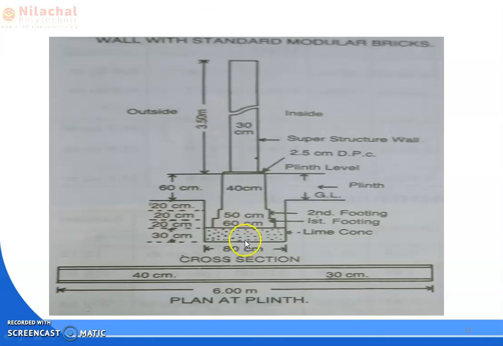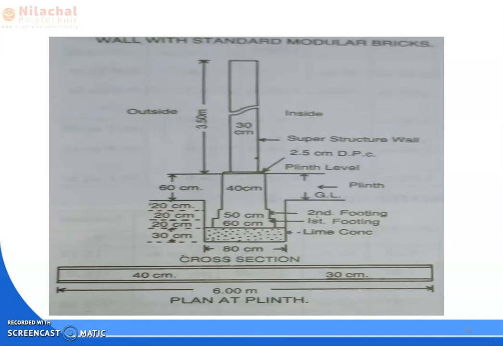First, before going through the construction part, we have to do the excavation. The excavation part. First we know, in the case of excavation, length and breadth we consider on the basis of the bottom part of the foundation.